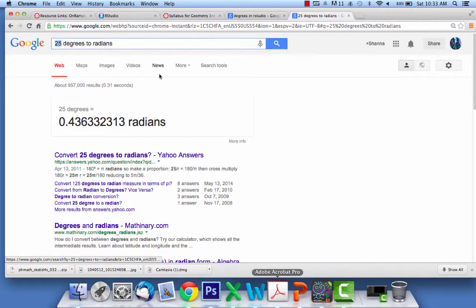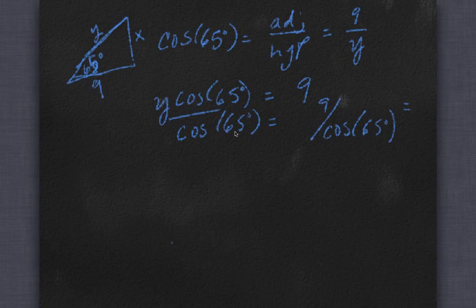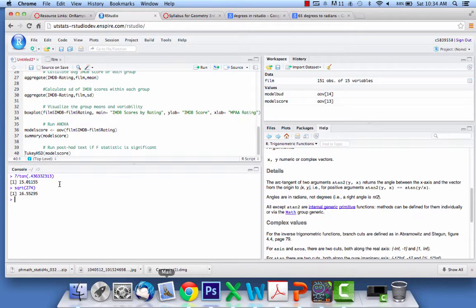I'm having to translate to radians, which we'll actually get to in the next mod, because the calculator I'm using doesn't use degrees, because degrees are a nonsense measure, which I will also get into in the next mod. So we had 65, and there is an easy way to convert them, but for the moment, I'm going to go over here. We've got 9 divided by cosine. So 21.3, basically.